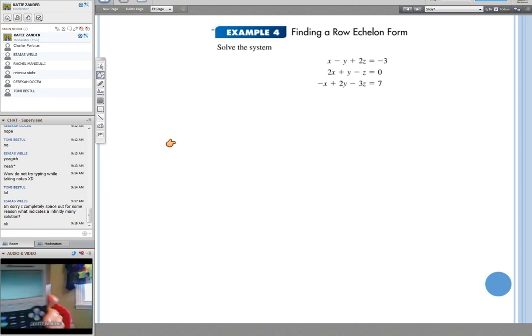On your calculator, I want everybody to find the matrix button. If you have a calculator like mine, hopefully you have that matrix button. It's in blue, right above the x to the -1 power.